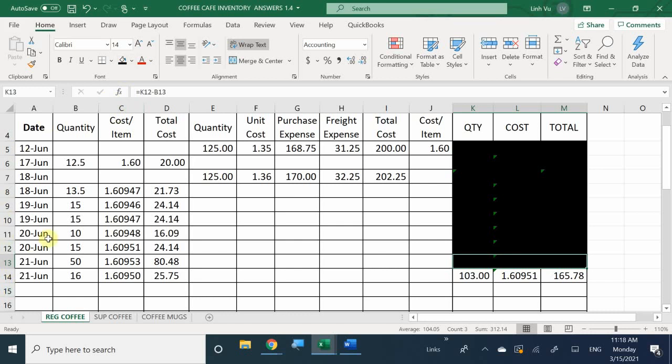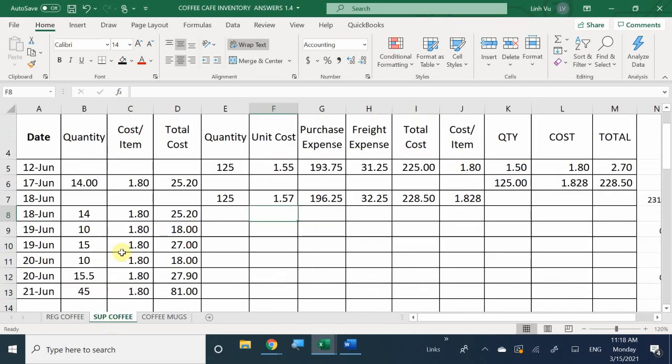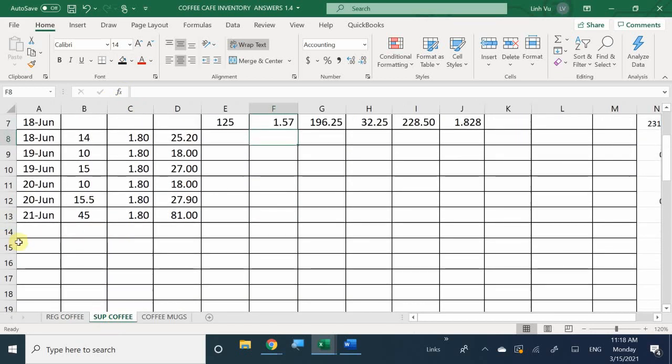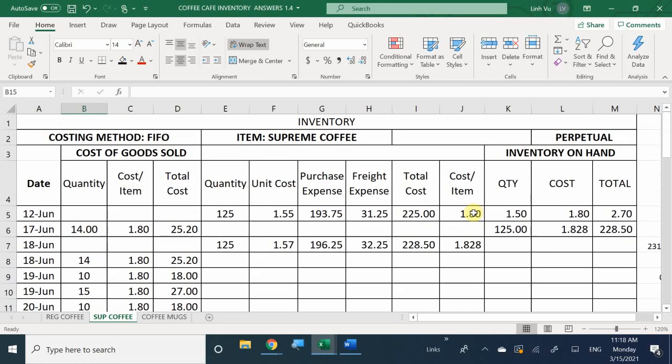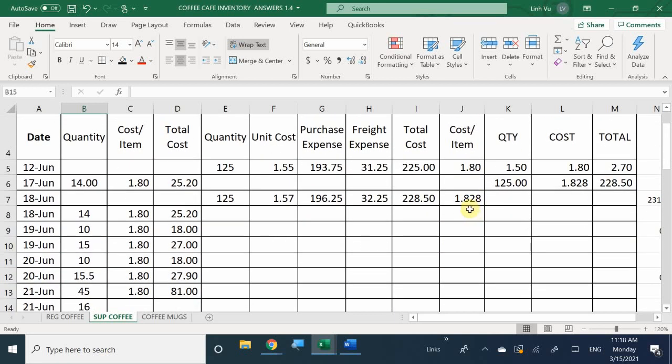Okay. Now let's go to my Supreme coffee. How many pounds did I use? 16. We used 16. Now let's check my inventory on hand. Do I have enough in my first batch? No, I only have 1.5 pounds.